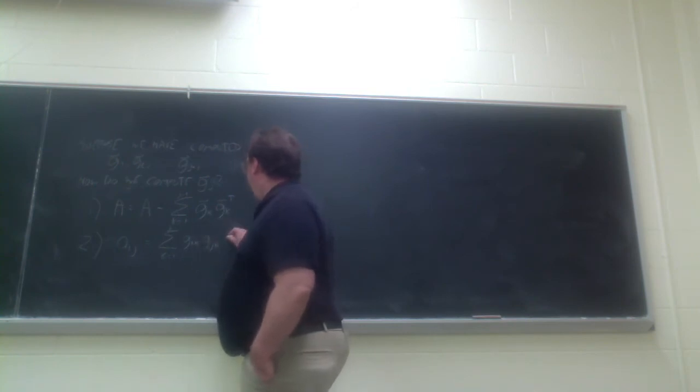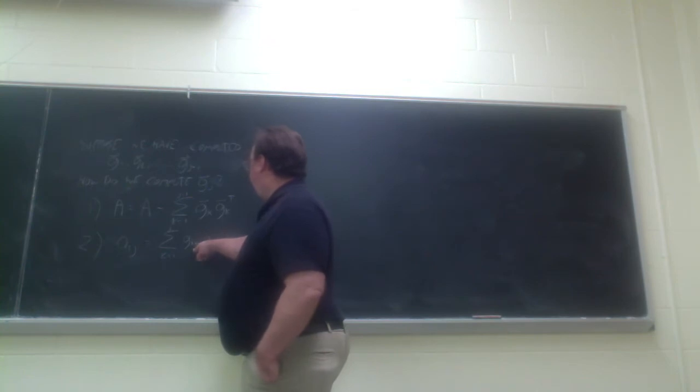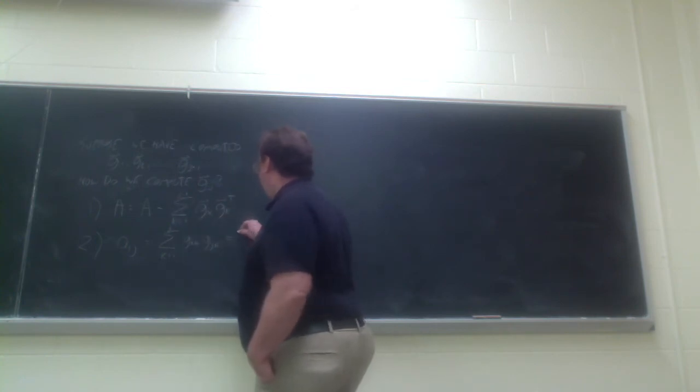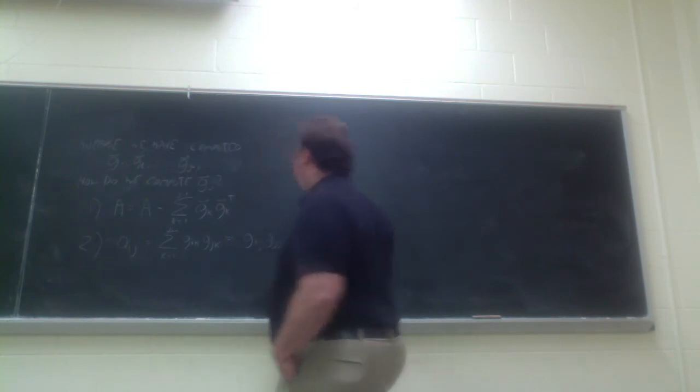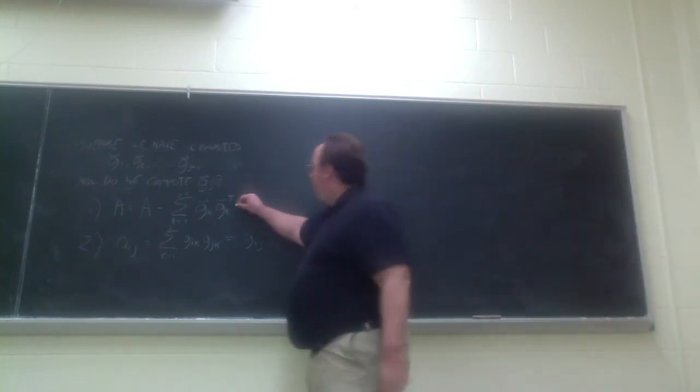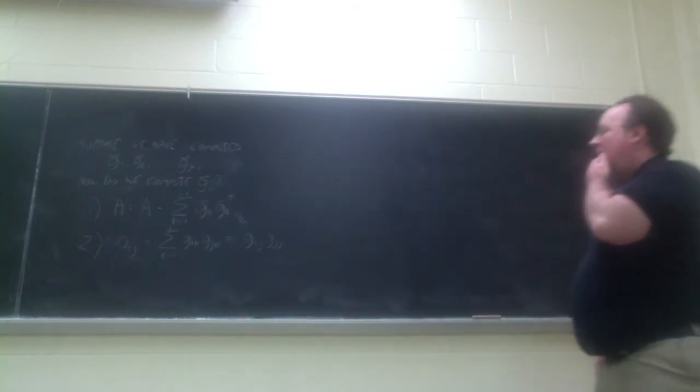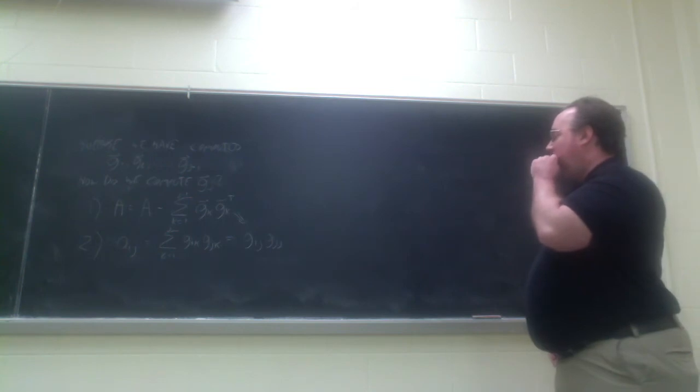Okay, so now anything that has a column of G less than J has already been subtracted off. So this summation goes away, except for the last term. It's going to be G I J G J J, because of the subtraction I've done before.